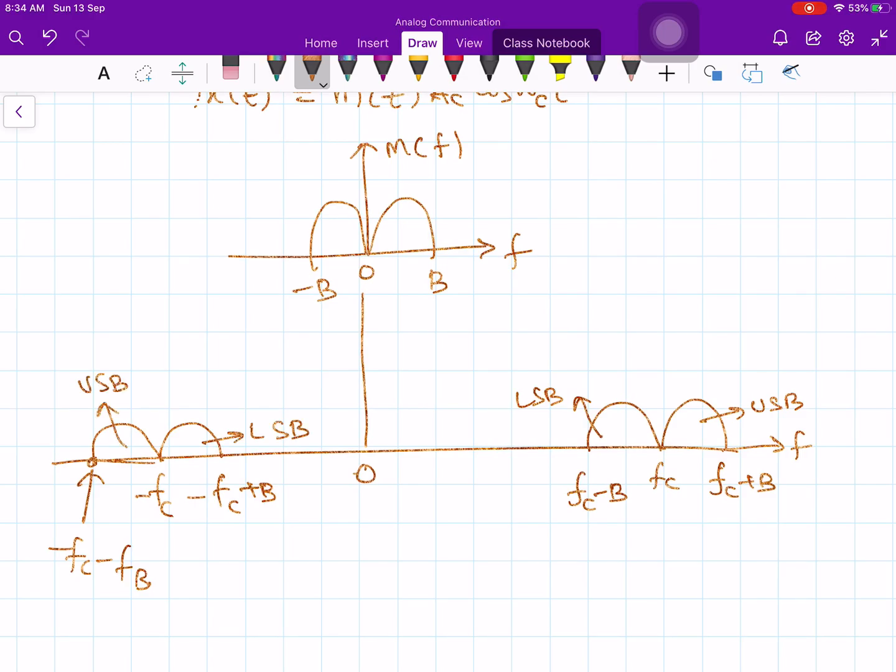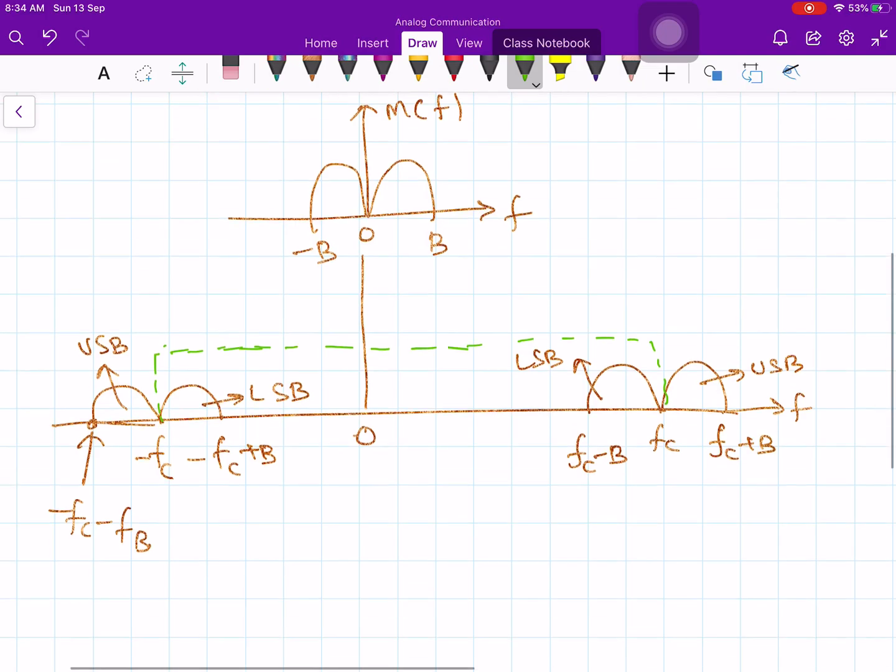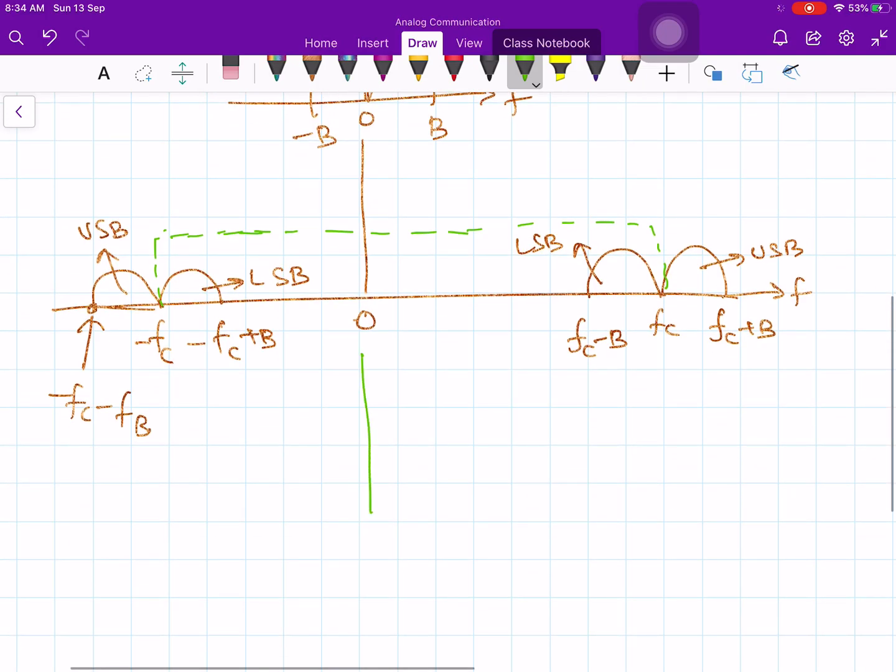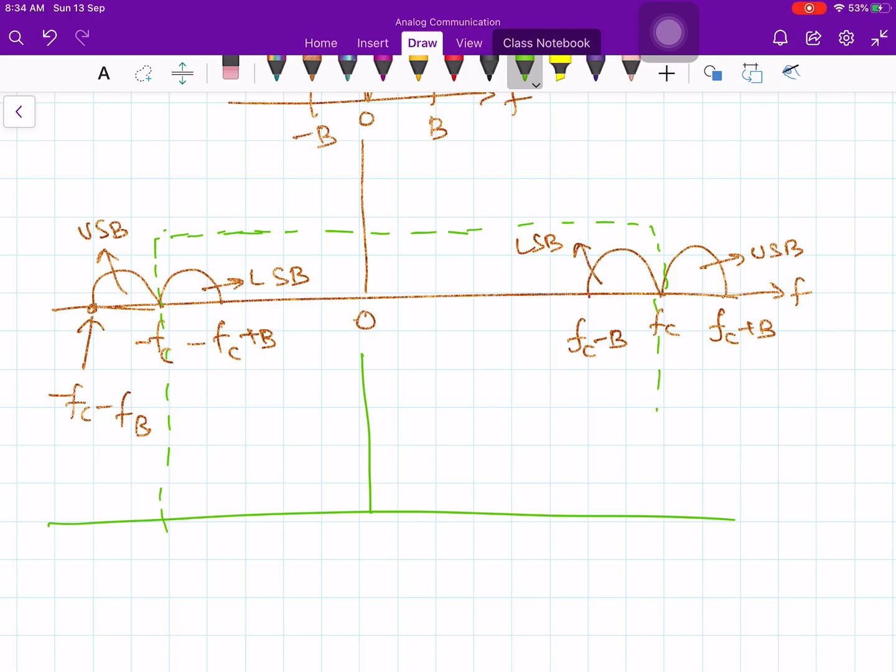Now, I would like to retain the lower sideband. So, what do you do? You multiply by a low pass filter like this. I have drawn it in the green color, or I can draw it separately, no problem. You put a low pass filter, and this is H_LP of f.